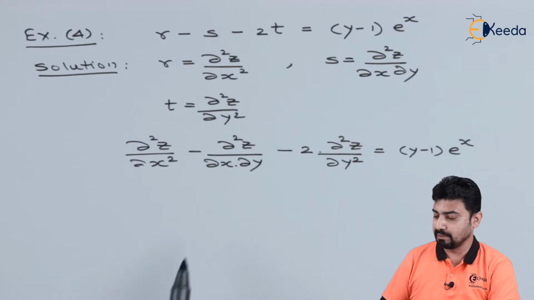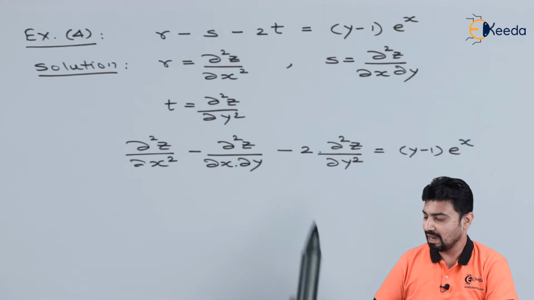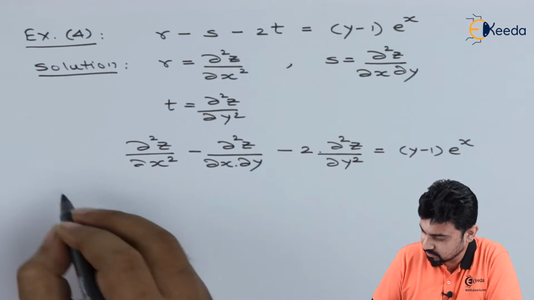So substituting these three values in the given question, we get, again substituting del by del x as d and del by del y as d dash.